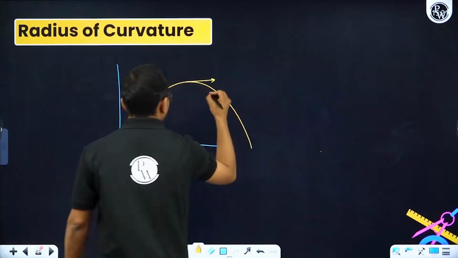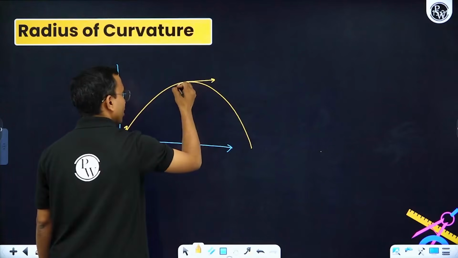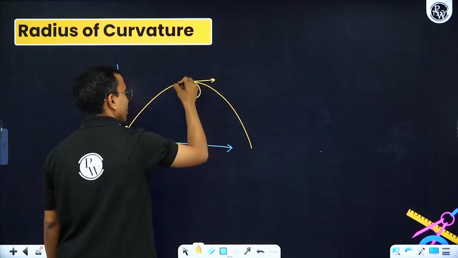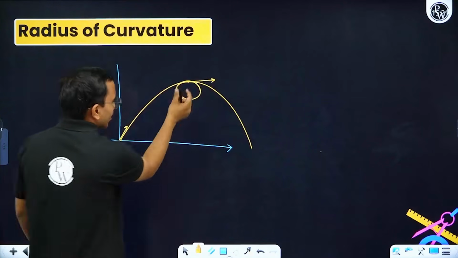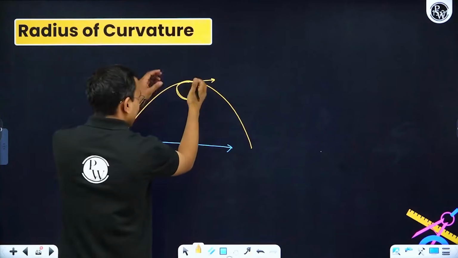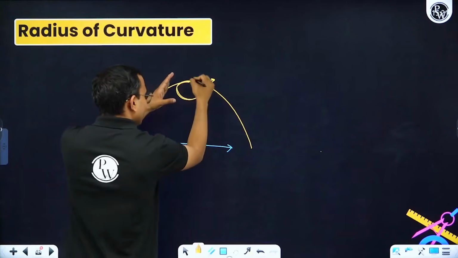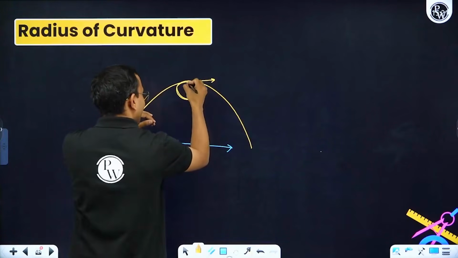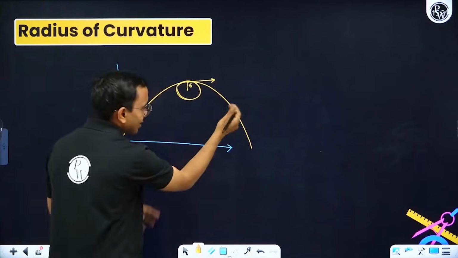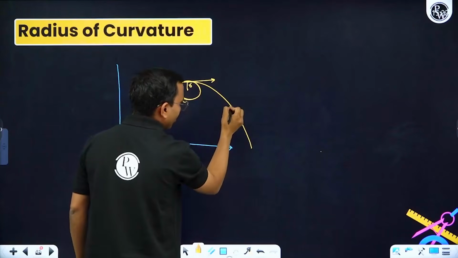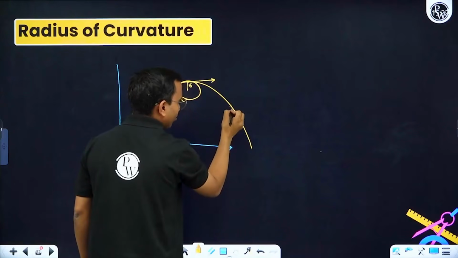For now, let us take that at the top the path is like a circle, and this r becomes the radius of curvature. Like if instantaneously, in between also, I need to find the radius of curvature of the curve at this point.